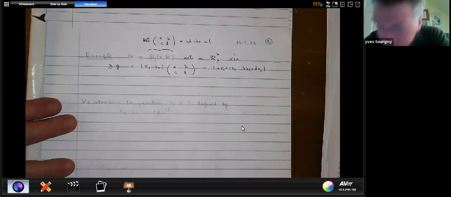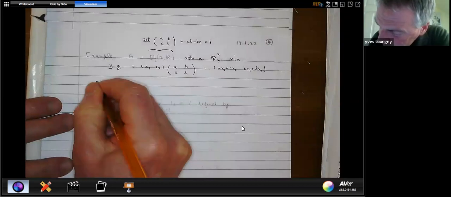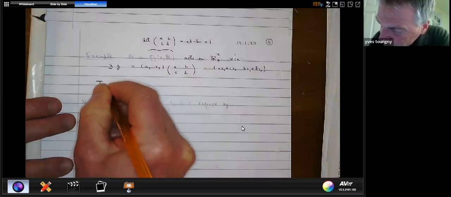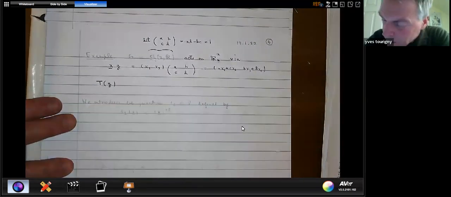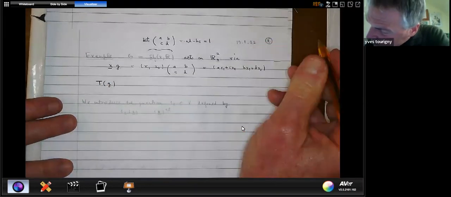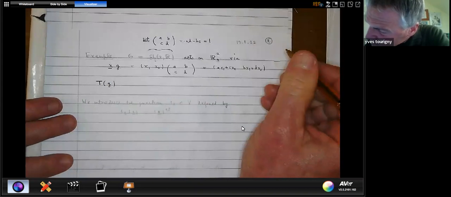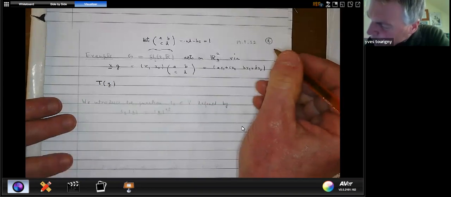And then from that, we can construct a representation of the group like this. In order to have a representation, I take an arbitrary element of the group, G, and I need to assign to it a linear transformation. It'll be on R2 actually.